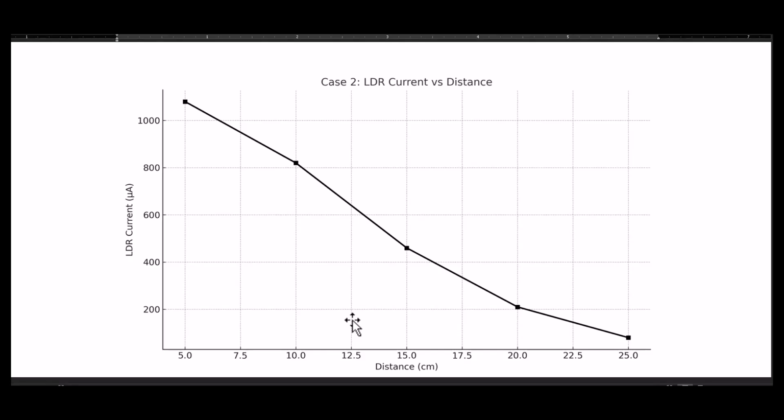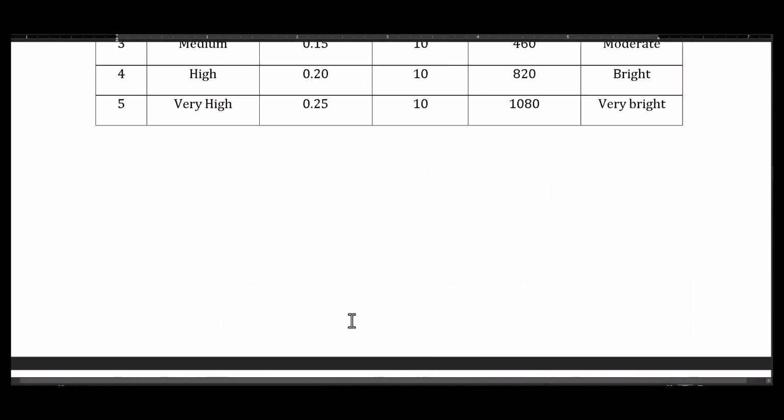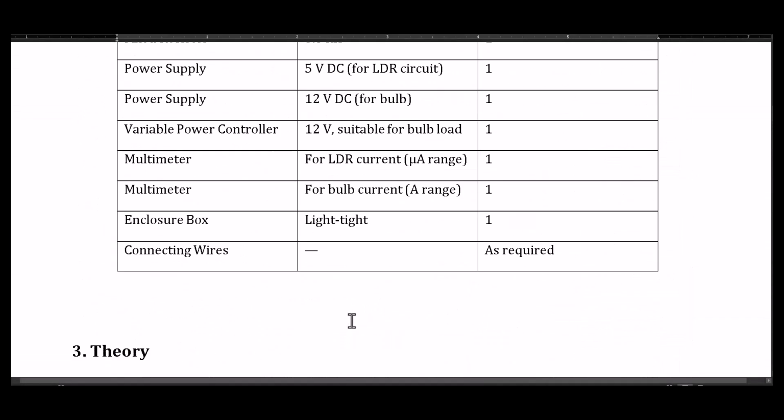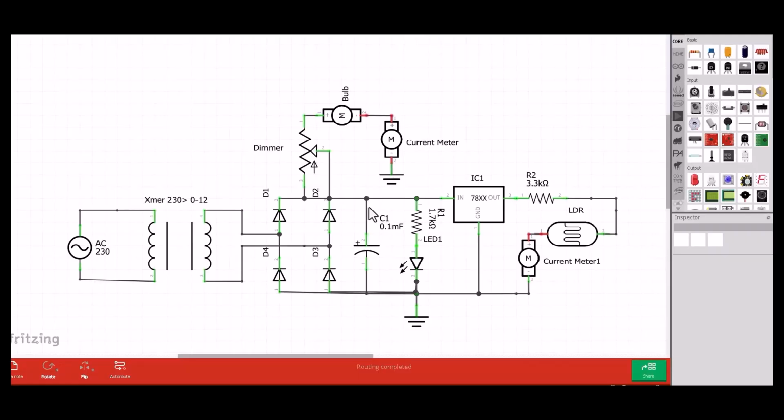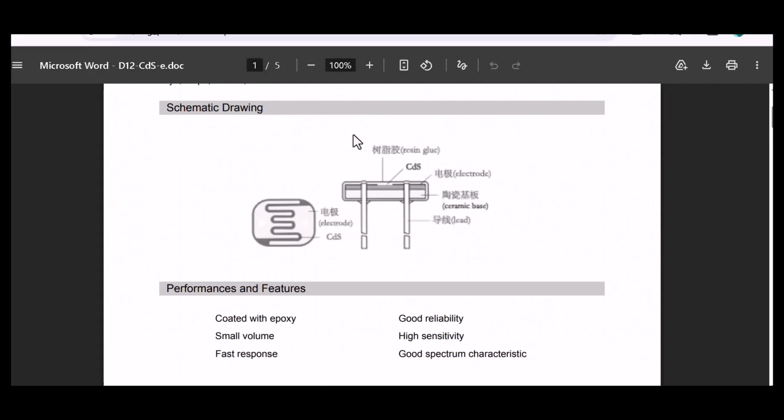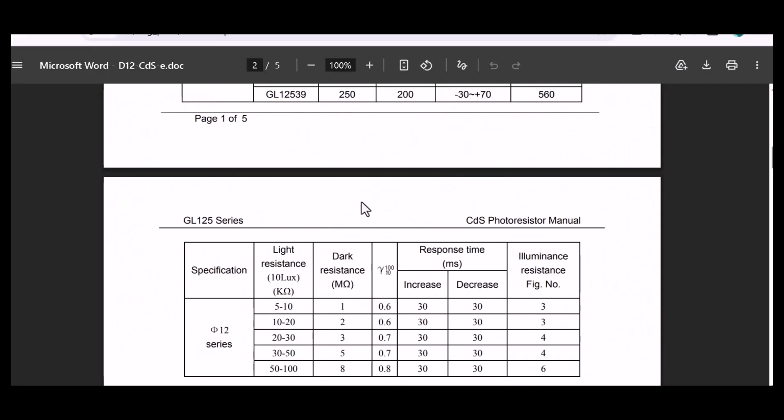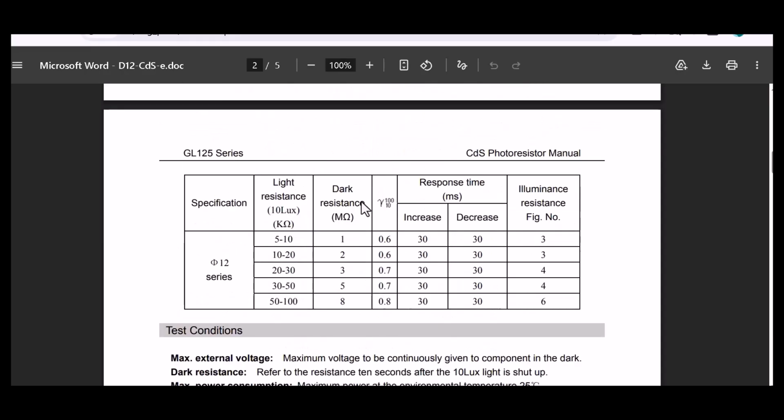This is a basic simple setup for the LDR characteristic. You can alter the points. When you want a different LDR, you can go through its data sheet for its light resistance and dark resistance.